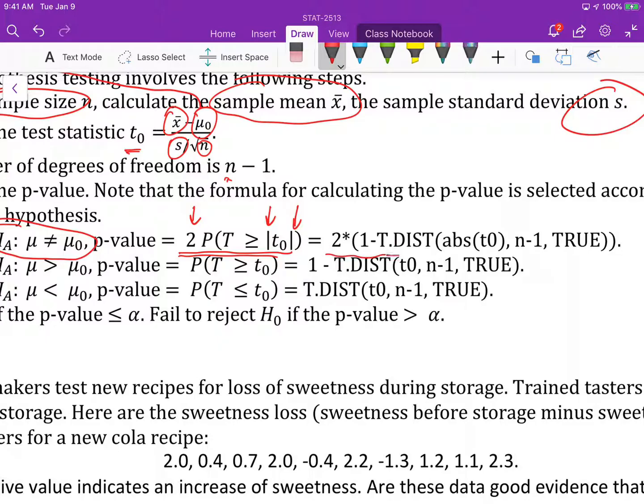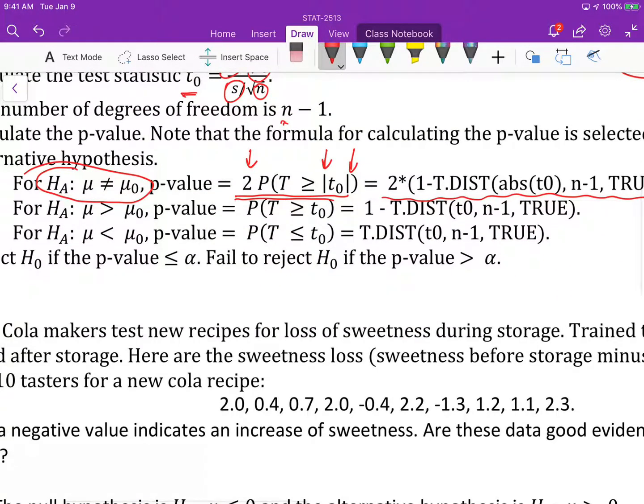So here, I also write the corresponding Excel function to calculate the p-value. If the alternative hypothesis is mu greater than mu zero or mu smaller than mu zero, then we have the corresponding way to calculate the p-value, and here I also list the corresponding Excel function.